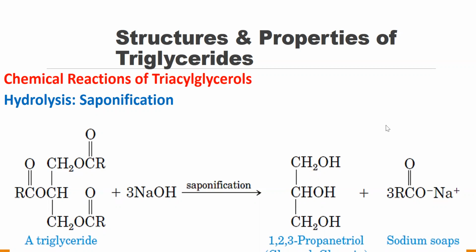But basically, the general formula of your soap is this. You have your sodium carboxylate here. Your R would depend on the number of carbons, which would come from your source plant oil. So you can use, for example, coconut oil, corn oil, or palm oil, and you can look for a cheap oil.